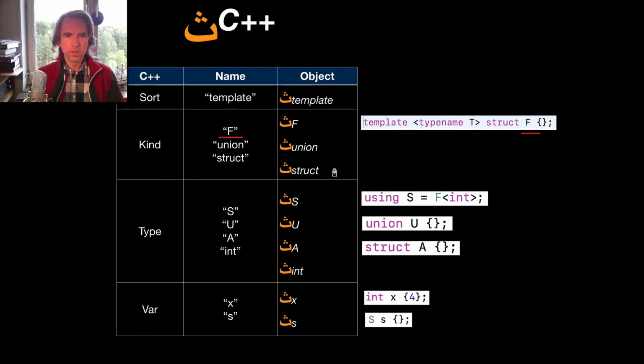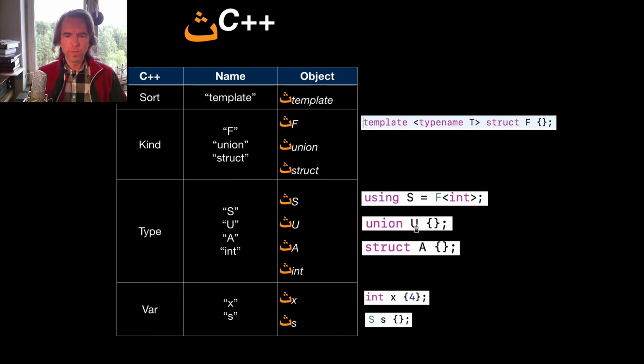And in the same way, we can say using s and then call this template, and s here will be tied to this s object. It calls the f here and creates a type s. So it all ties together quite nicely.